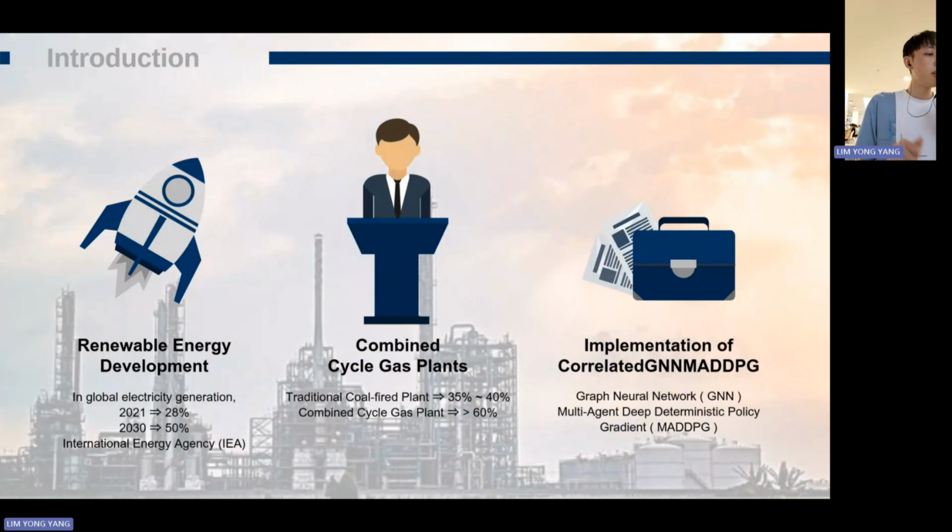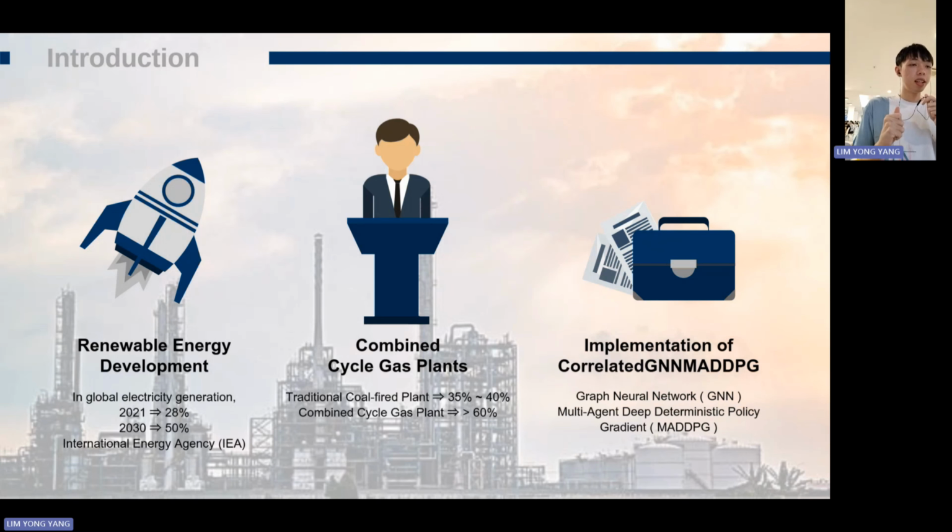Renewable energy keeps developing in global electricity generation. In 2021, it contributed 28%, and is expected to contribute more than half in 2030, according to data from the International Energy Agency. So there come the combined cycle gas plants.